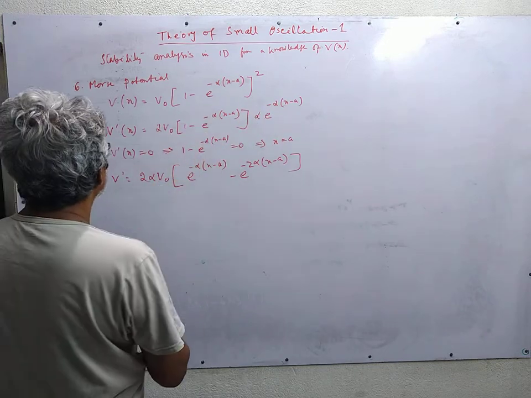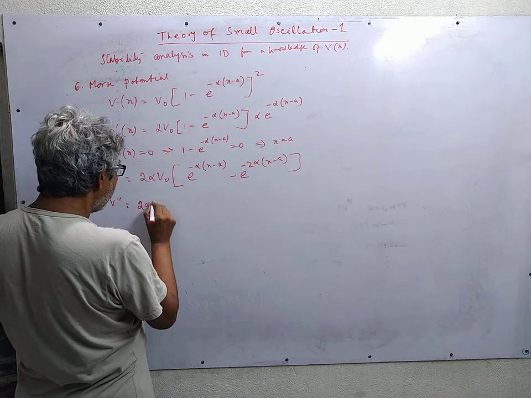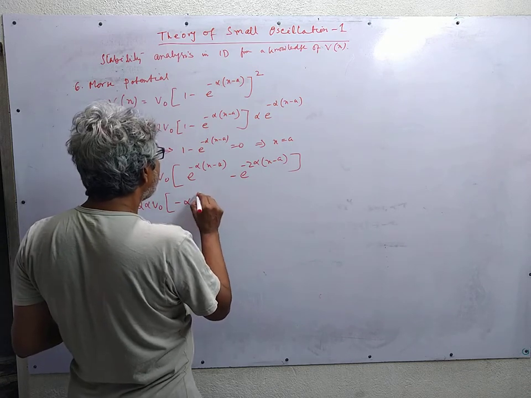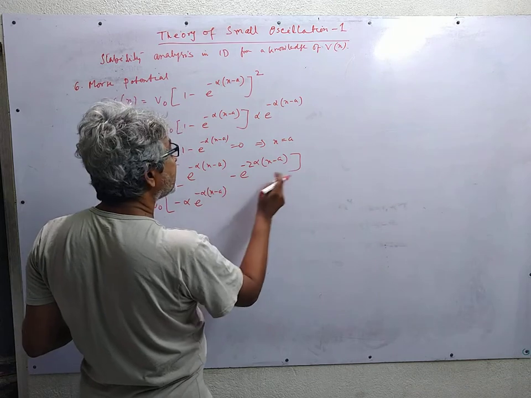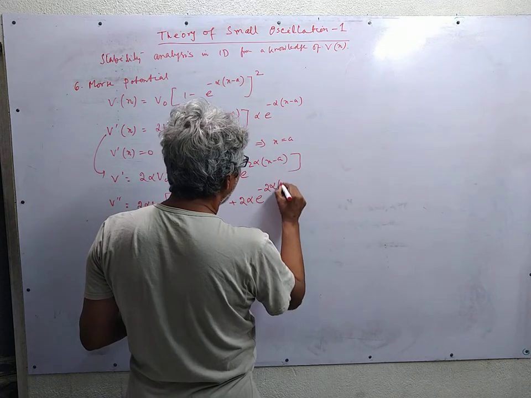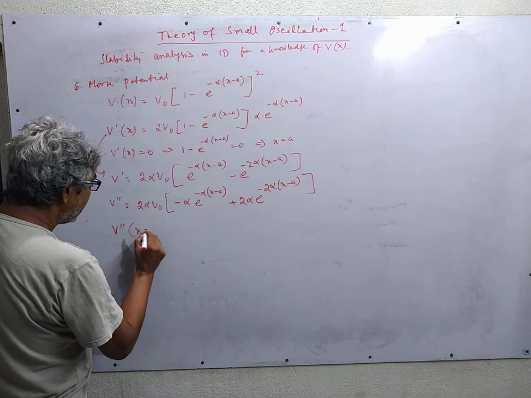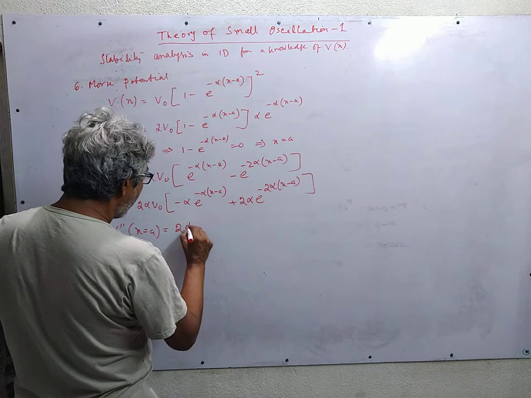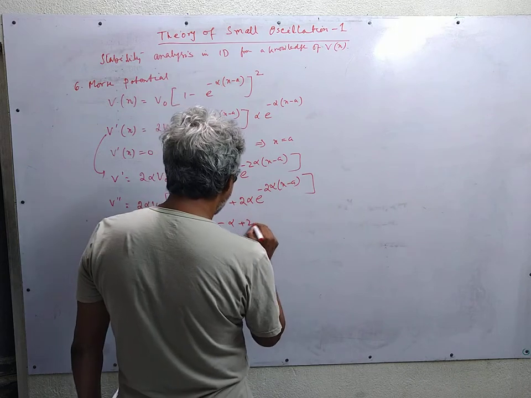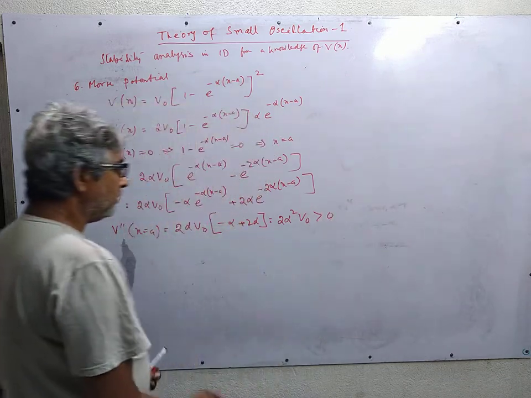So V double prime is equal to twice alpha V0 times minus alpha e to the power minus alpha (x minus a) plus 2 alpha e to the power minus 2 alpha (x minus a), and V double prime at x is equal to a is twice alpha V0 times (minus alpha plus 2 alpha), so this is twice alpha square V0, which is positive.